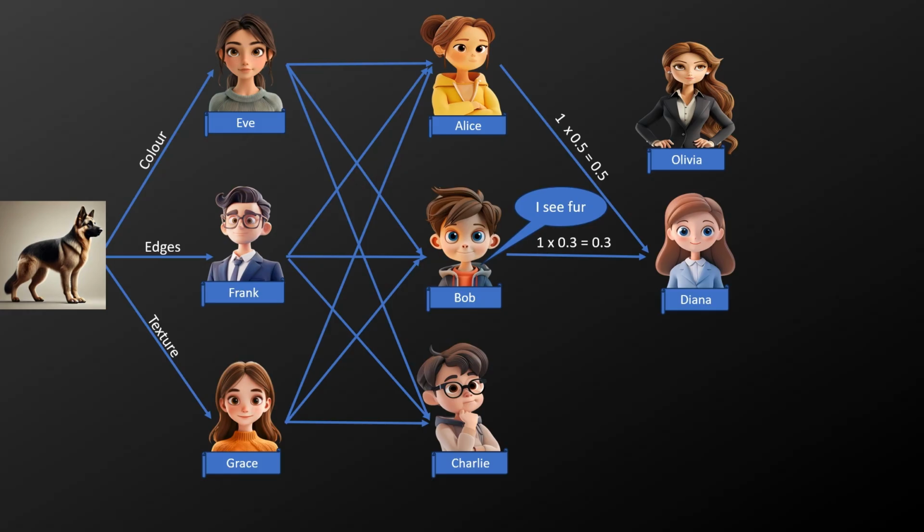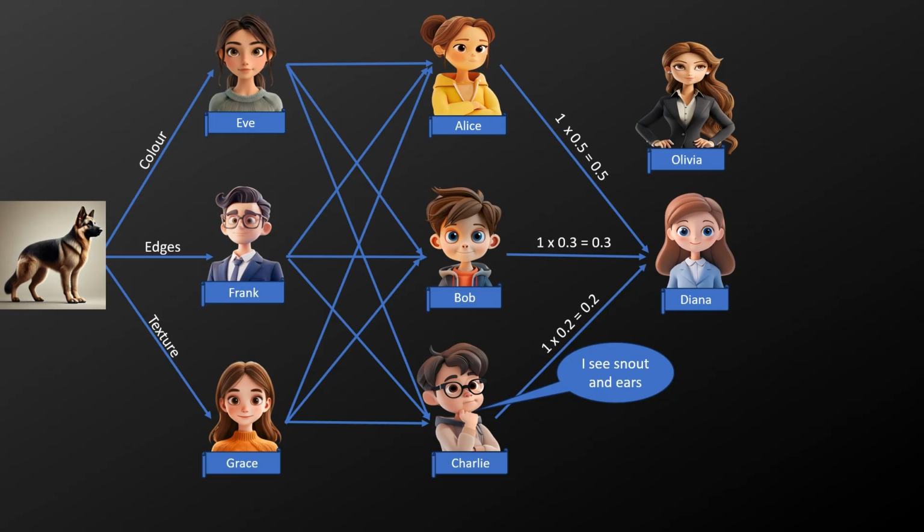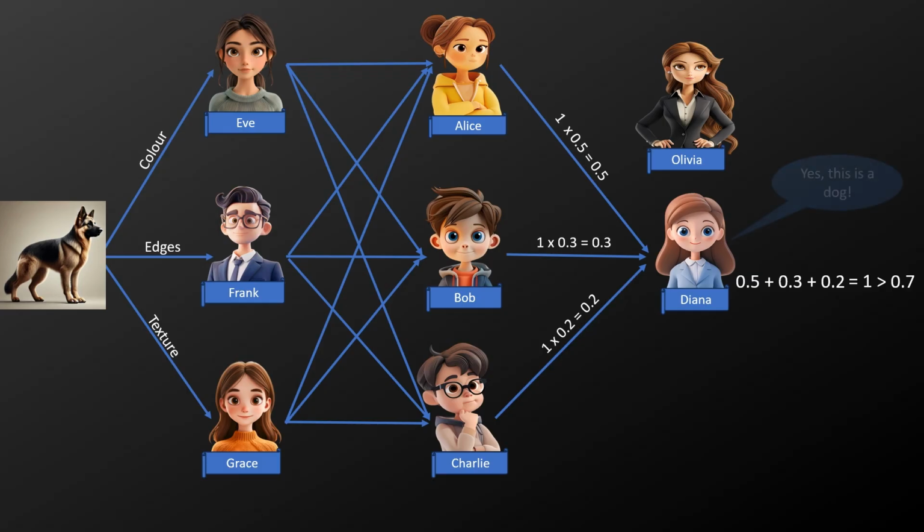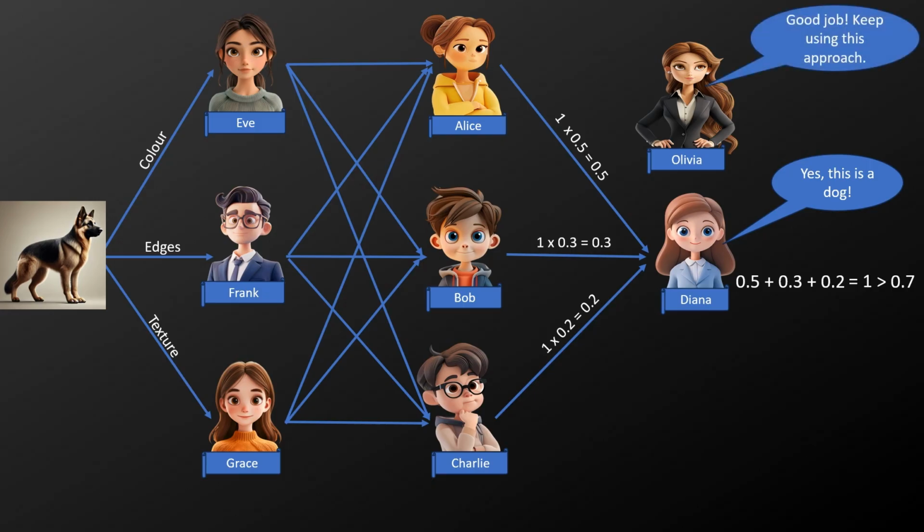Charlie notices the snout and ears and outputs 1, contributing 1 into 0.2 to the confidence score. Diana sums up the scores. The sum is 1, which is above the threshold. So she confidently says, "It's a dog." Olivia compares it with the input image and sees that Diana was right. She then provides her feedback to the team.